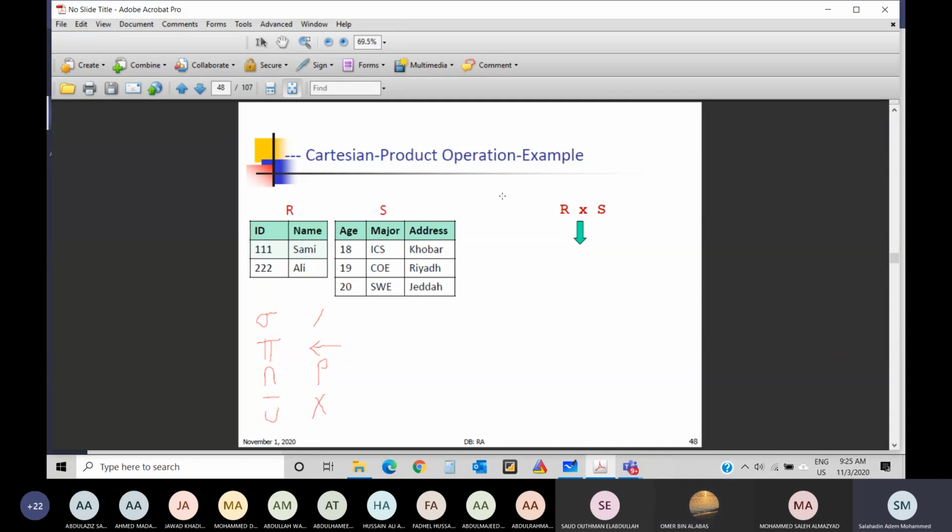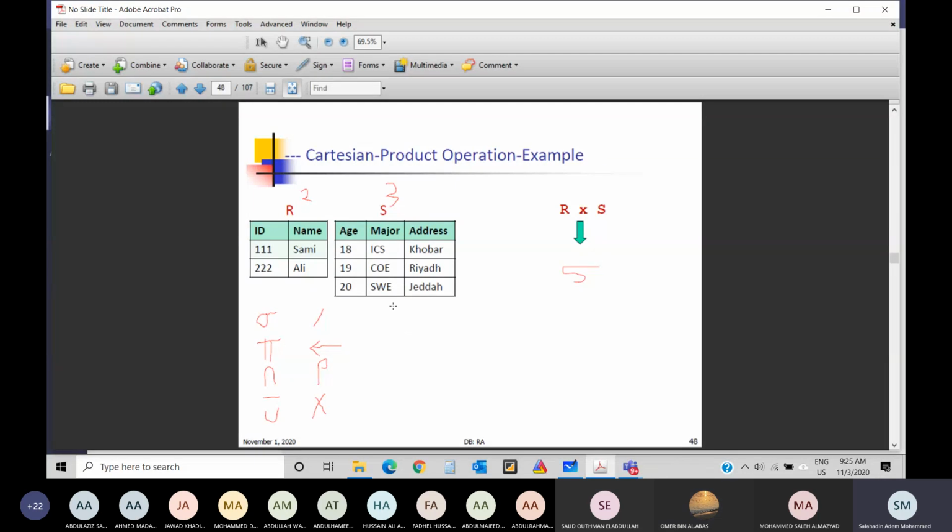So Cartesian product. What is Cartesian product? What it will do is multiply all the rows of this with all the rows of this. It will concatenate all the rows of this with all the rows of this. For example, how many columns do I have here in both of them? 2 here and 3 here. So my output will contain all the columns. I will have 5 here, all of them present, even though I have duplicates.